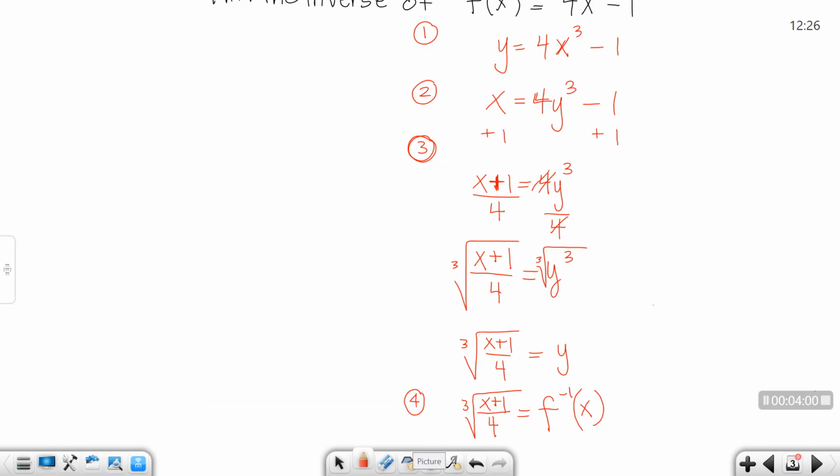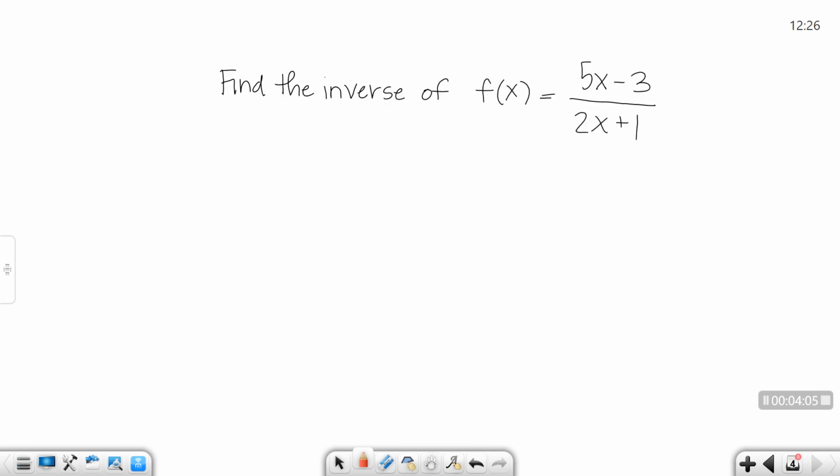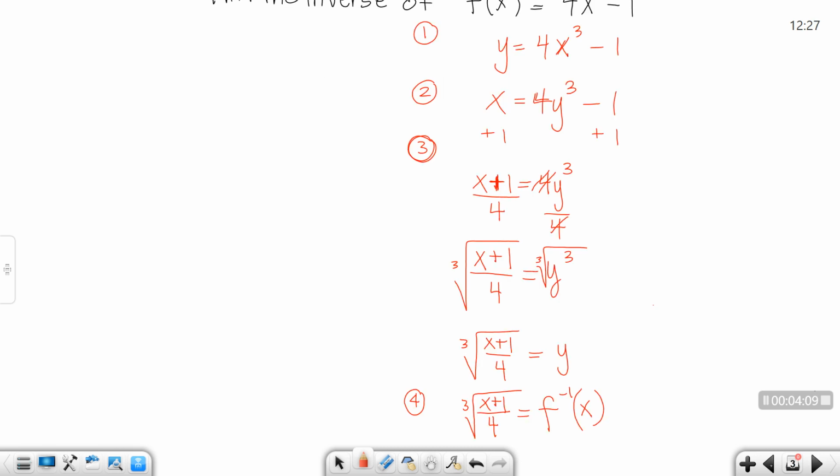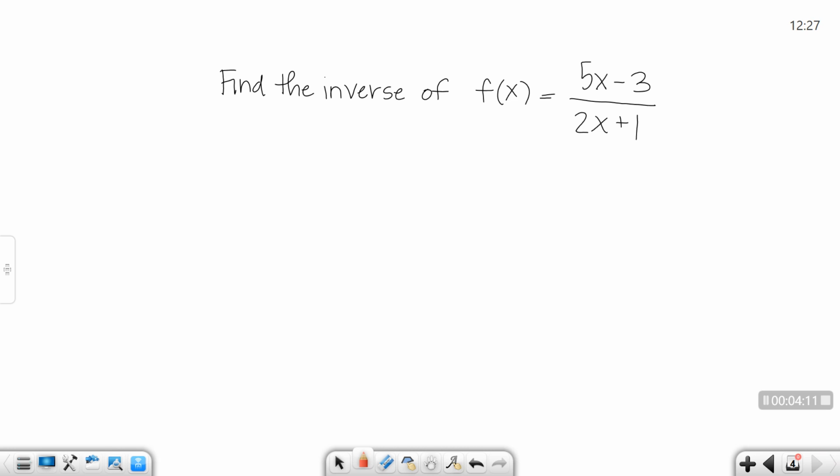Okay, that should give us enough time to do one more of these. Okay, so for this one, I ask you to find the inverse of this function, and this one is much more complicated. So the first thing we'll do, just like we did the others, we're going to replace f of x with y.